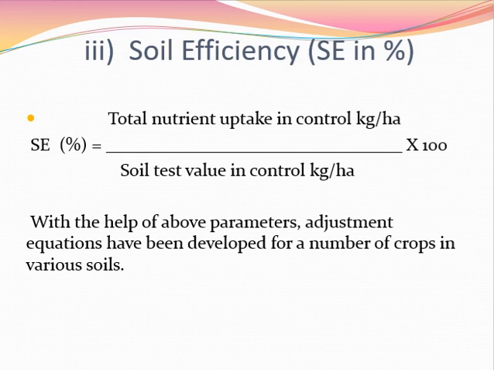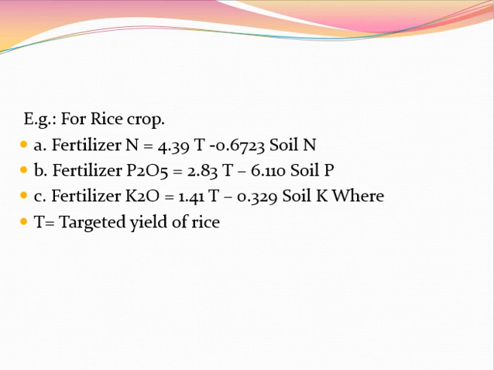With the help of these operators, adjustment equations have been developed for a number of crops in various soils. For example, for rice crop, fertilizer N is equal to 4.39 T minus 0.6723 soil nitrogen.